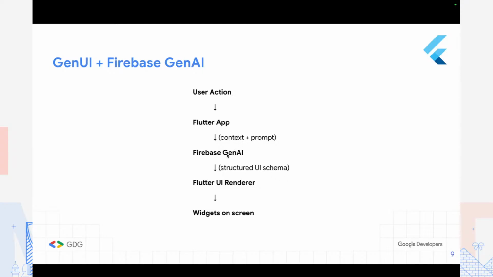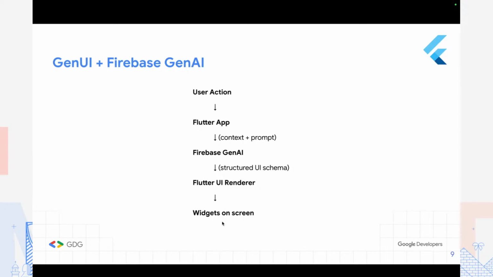That will be passed along with the context to Firebase Gen AI, which is going to generate the data, and this data can be in the form of JSON or schema. That JSON is going to be then rendered at this level, that is Flutter, and Flutter is going to render those widgets and then pass it on to the screen so that we can have an interactive app.